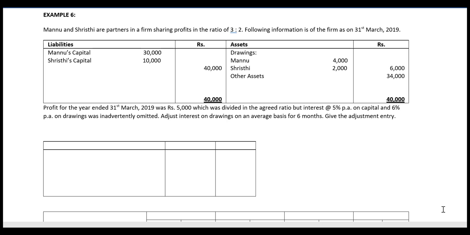On the asset side, we find that the drawings of Manu is 4,000 and the drawings of Shrishti is 2,000. The balance are other assets 34,000.